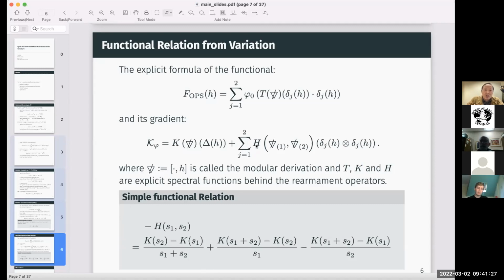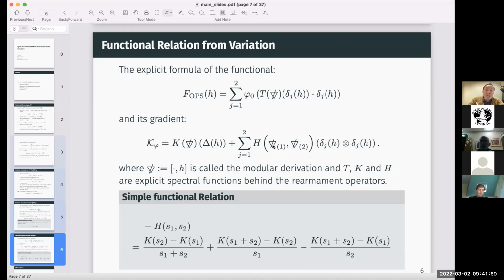What's important about these rearrangement operators is the underlying functions behind them, which I will call the symbols of the rearrangement operators. I think these underlying functions capture most of the important information. The result of Connes and Moscovici is a simple functional relation between k and h.